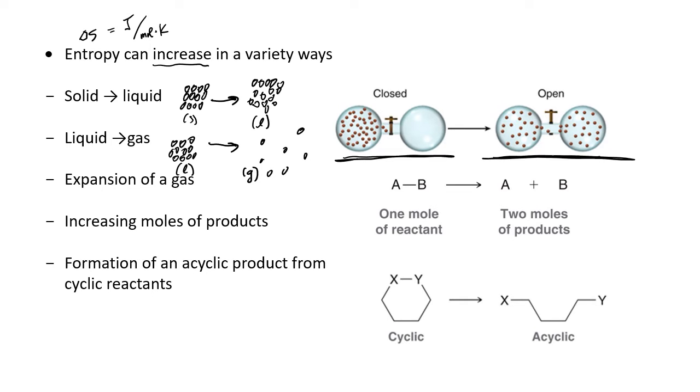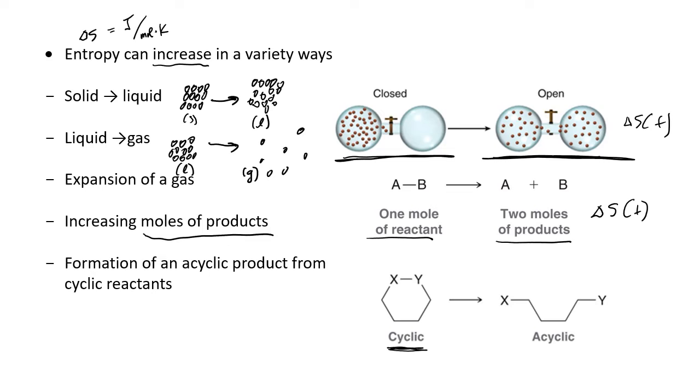When we increase the moles of products, so simple example here, when you go from 1 mole of a product to 2 moles of a product, your change in entropy will be positive. Just like here, change in entropy will be positive. Formation of an acyclic product from a cyclic reactant.